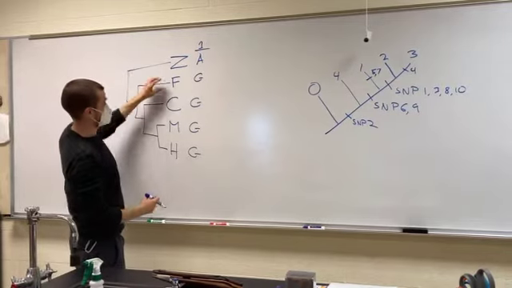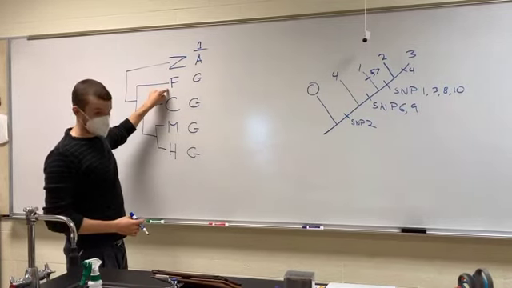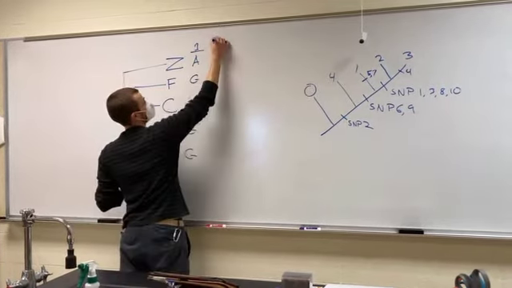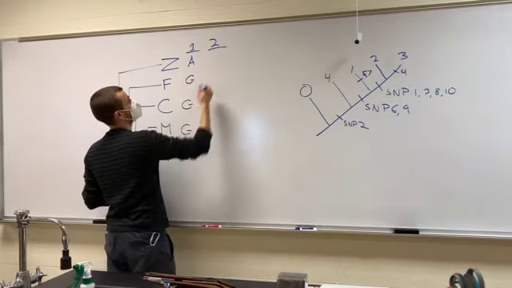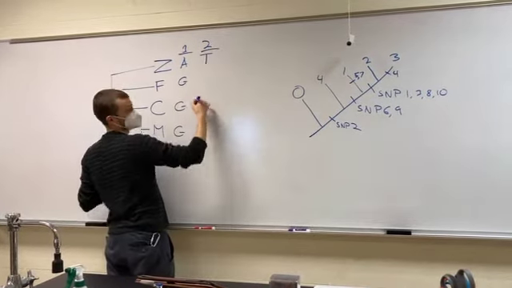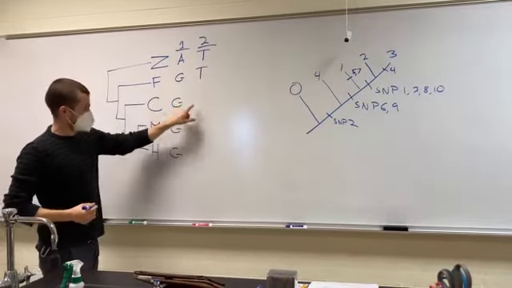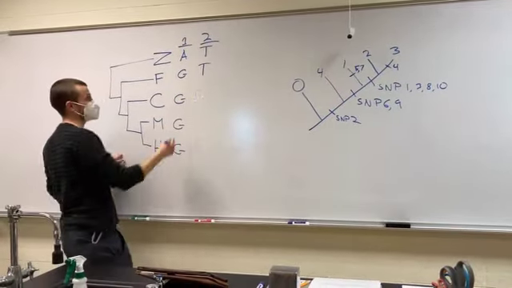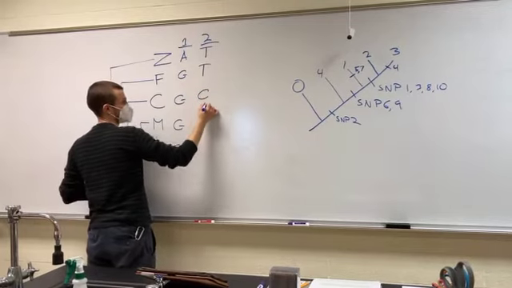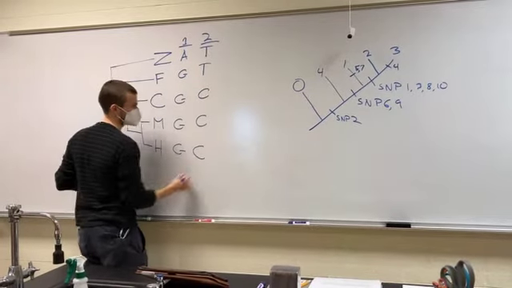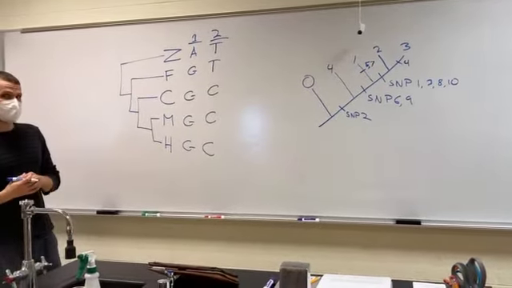Now next up, if you want zebrafish and frogs to group together at site 2, what you've got to do is a SNP that is shared between the 2 of them. Any random letter will do. They share a T and a T. And then you want this to group chickens, mice, and humans together. So we'll go ahead and say that these inherit a C. Are you seeing a pattern here?